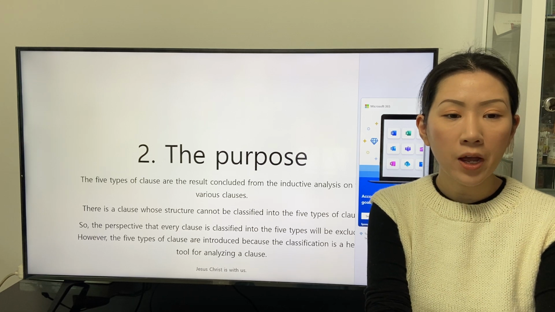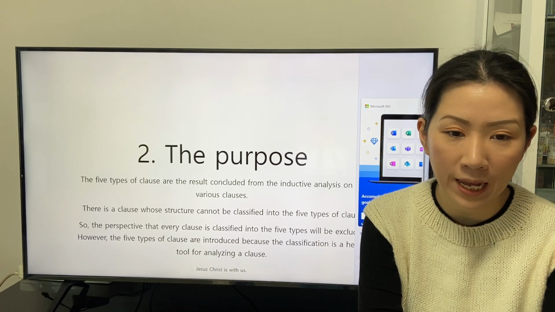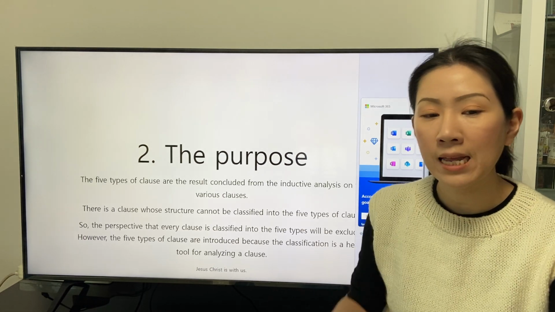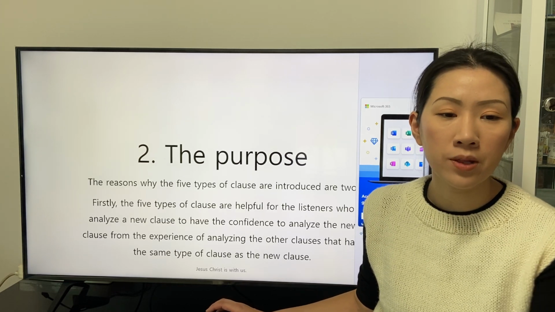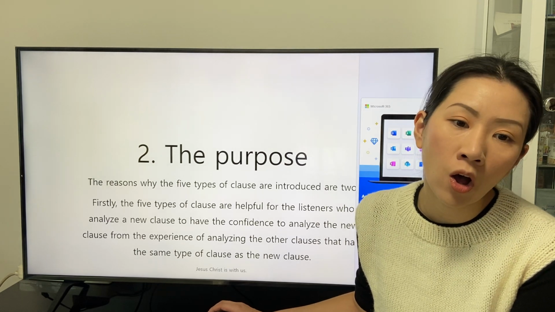However, the 5 types of clause are introduced because the classification is a helpful tool for analyzing a clause. Still, the reasons why the 5 types of clause are introduced are 2.